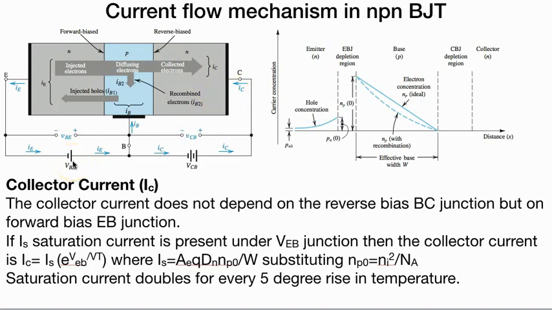Here also we can say that the emitter base region is forward biased and the collector base region is reverse biased.